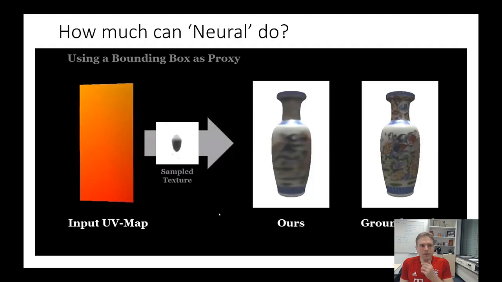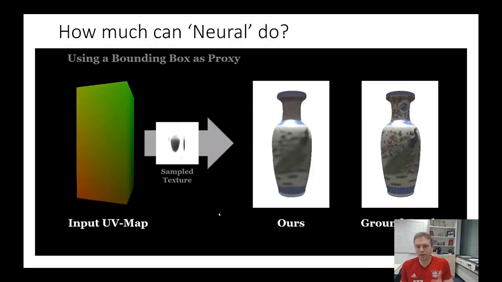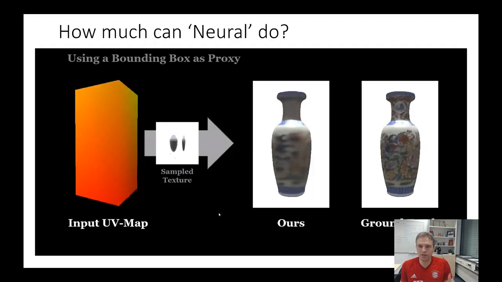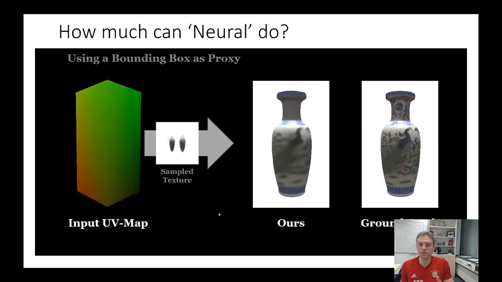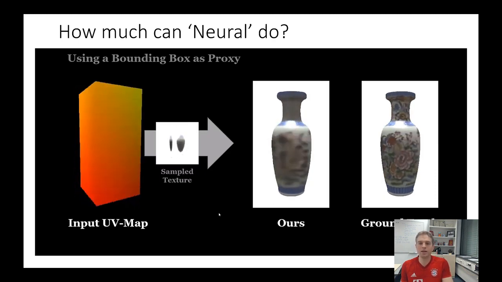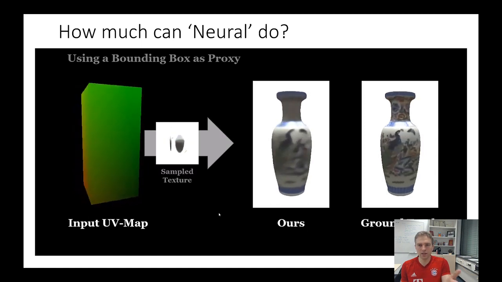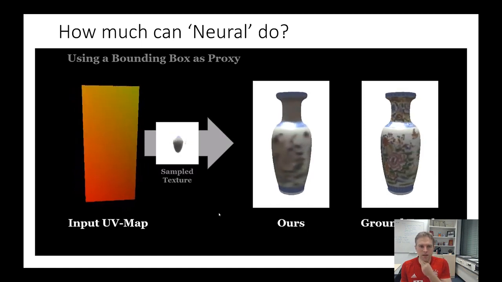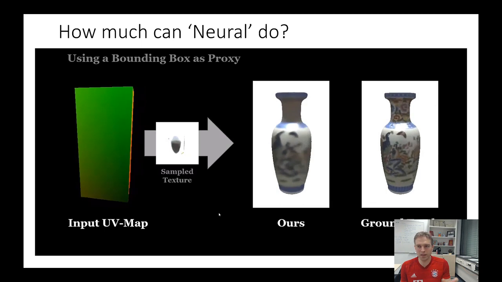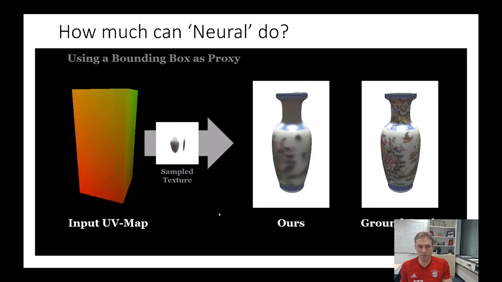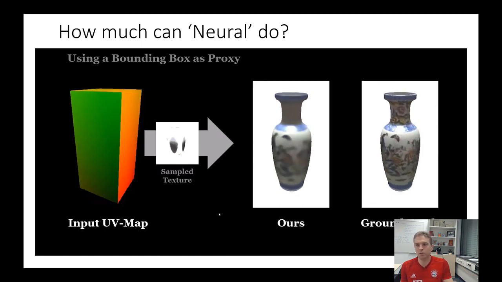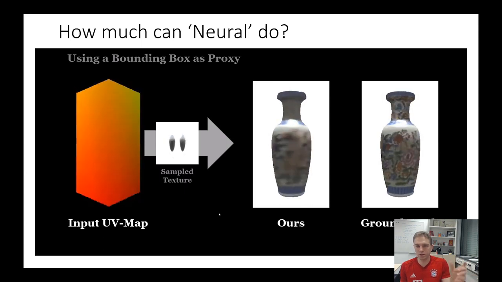And finally, I think a big question is how much can the neural part actually do? How much does it deviate from classical reconstructions, and how much do we need the neural part later on in the end-to-end rendering? So here's an example from a work we did a while ago, where the idea is you have neural pixels on top of a geometry. And the geometry in this case is very wrong. You see this is just a cube.